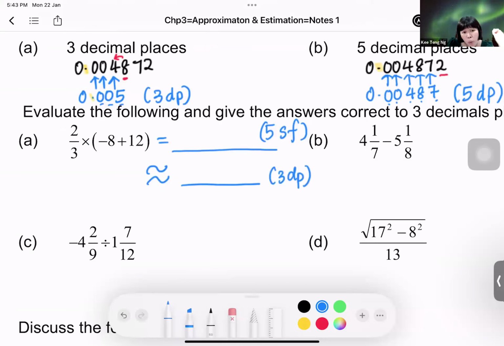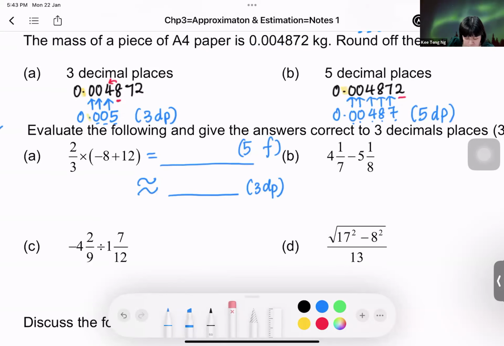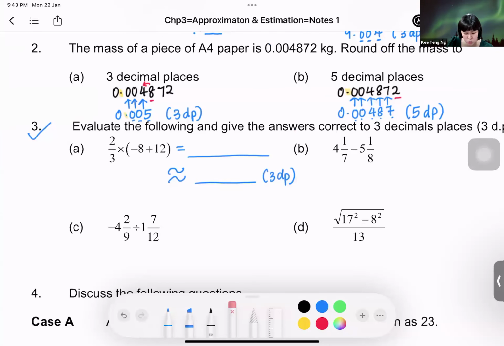For all working, we always write 5 significant figures. So you copy whatever it is. If the answer is exact, then that will be just nice. Then you don't need to round off to 5 significant figures. But if the answer is not exact, you round it off to 5 significant figures first. Then you round off to 3 decimal places. Okay, so try your answers for question 3, A, B, C, and D.